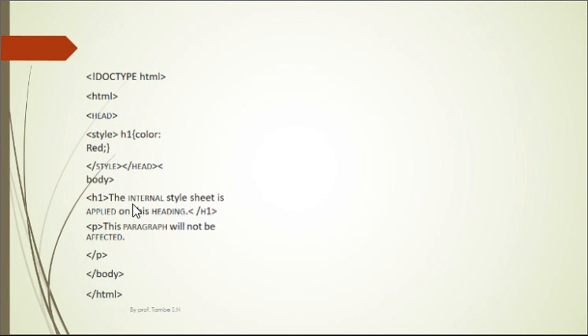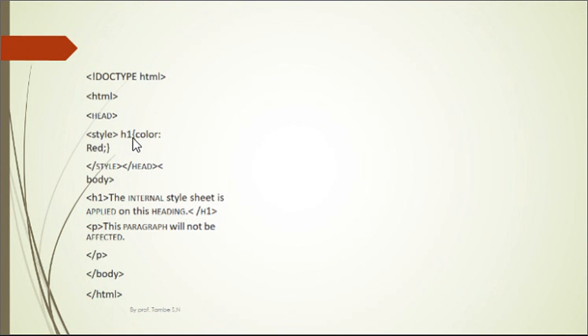So this rule consists of the color red only, because here we are taking the selector as h1. Next is p, which is the paragraph. This paragraph will not be affected, because p is not included in your style sheet.